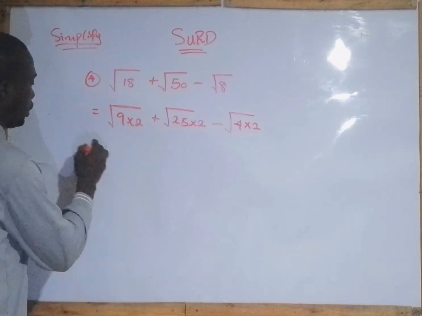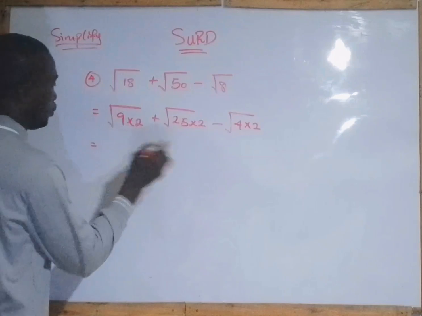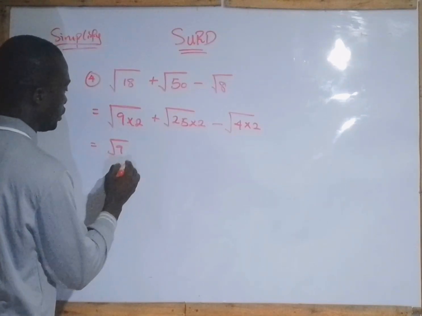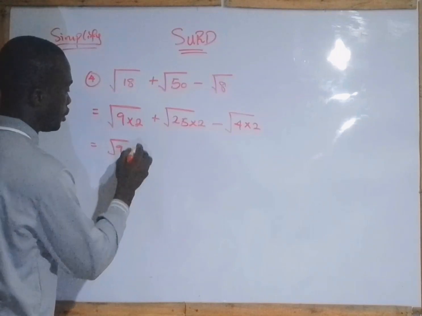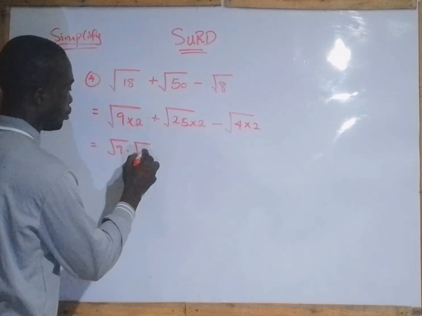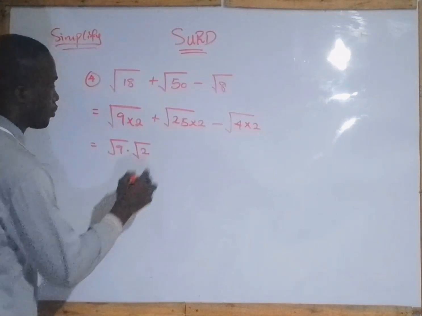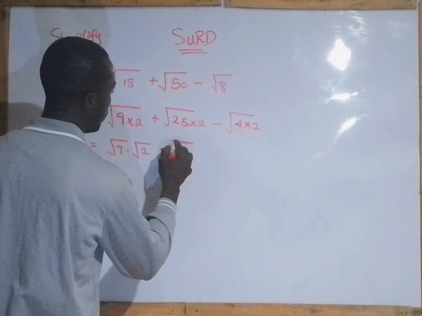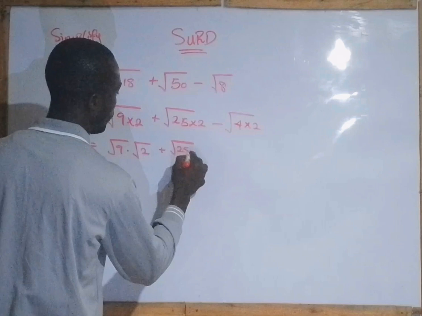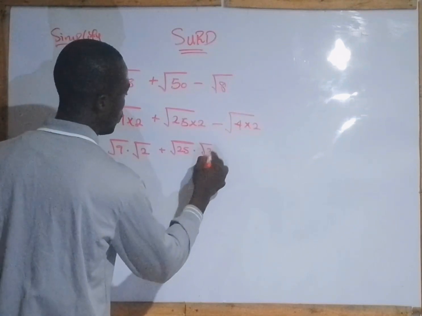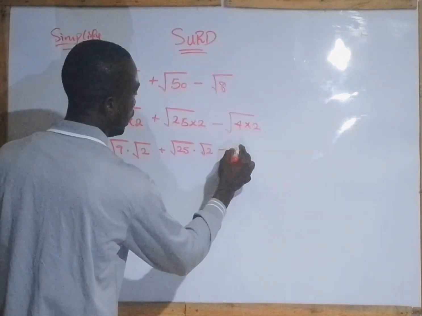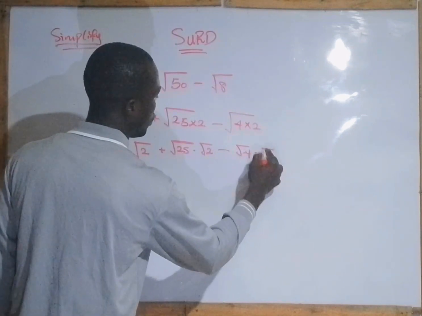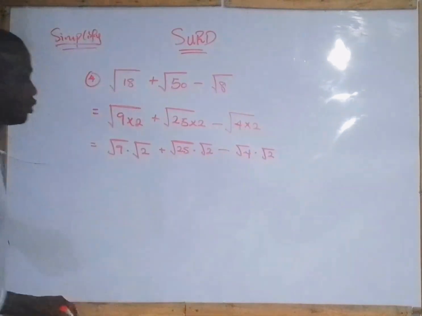So we move further. Here we separate it. We have root 9 times root 2 plus, here also we have root 25 times root 2 minus root 4 times root 2.